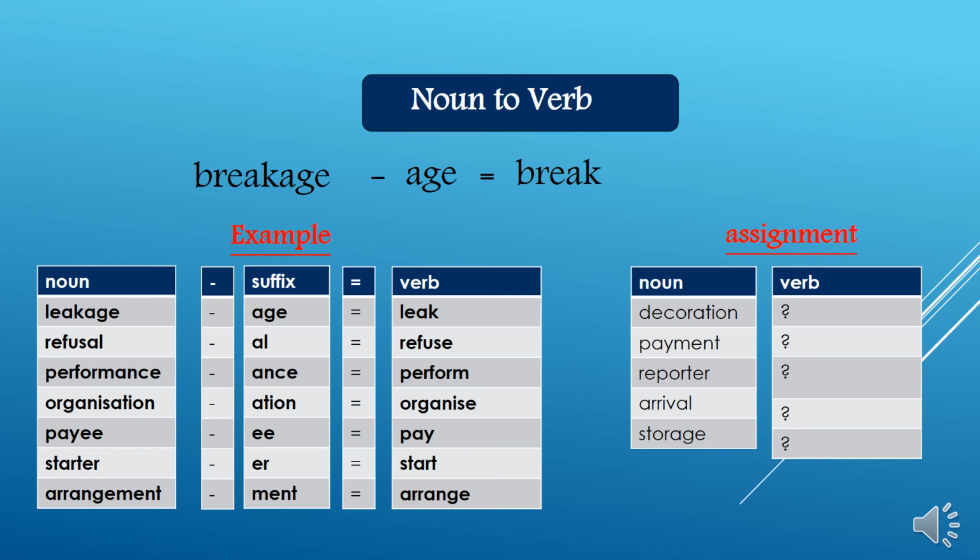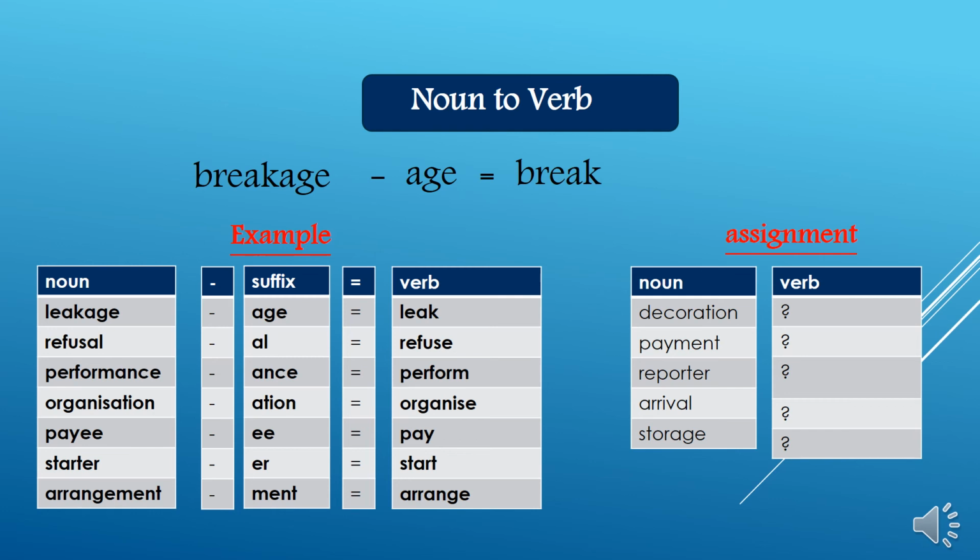Similarly, refusal, al is subtracted and refuse remains. Refuse is a verb. Performance was a noun and perform is a verb, and there is only the difference of ance.